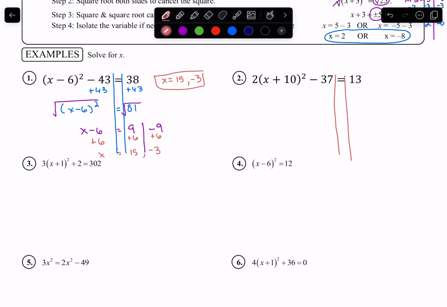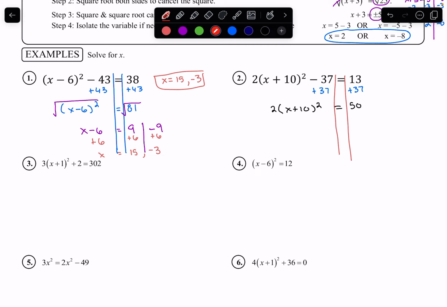So the first thing I need to do, I can't touch anything on the inside, or this exponent, or this multiplication until I get rid of that minus 37. So I'm going to add 37 to the left, and then I'm going to add 37 to the right. So I'm left with 2 parenthesis x plus 10 squared equals, on the right-hand side, 13 plus 37 is 50.